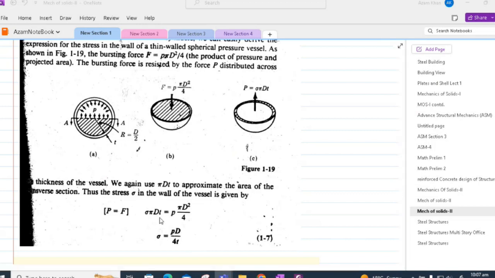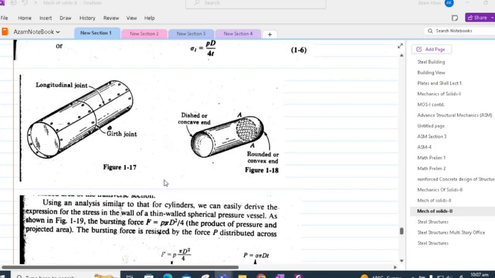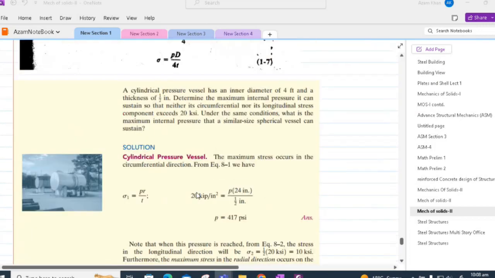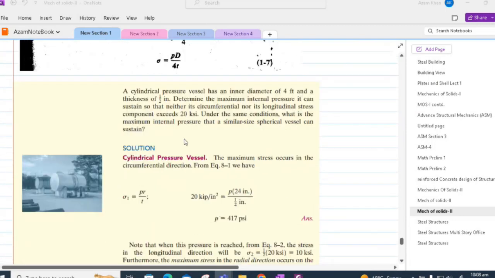Again, pi dt sigma will be compared to small p times pi d squared by 4, and we will get sigma equal to pd by 4t. This equation is similar to the longitudinal stress in a cylinder. Now, in order to understand it further, we shall discuss an example.